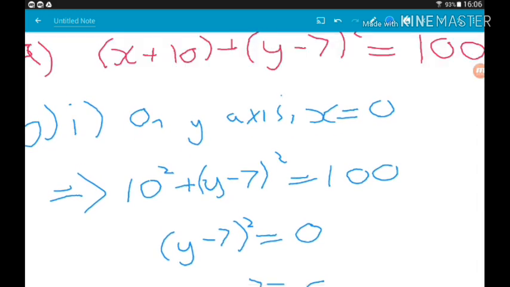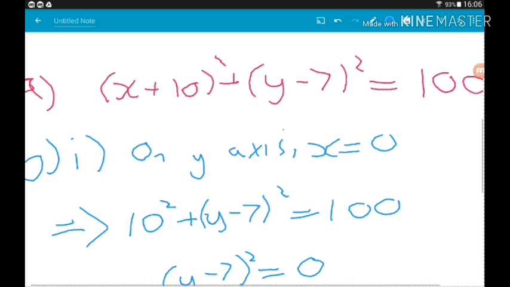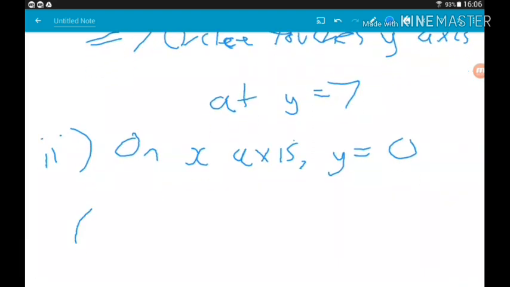So this time we're going to get (x plus 10) squared, and then we've got, well, y is 0, so we're just going to get minus 7 squared, which is going to give us 49. And we know that that is equal to 100.